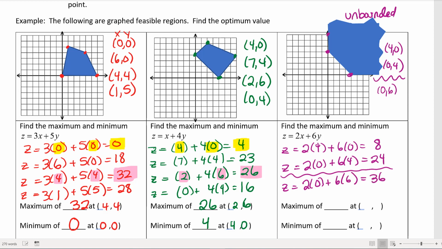That already is 36. This is already bigger. And it was just a random point that I picked, right? So what that tells me is that I'm not going to have a max, because I can keep picking points bigger and bigger and bigger. If we have a max or if we have a min, it would have been at either 8 or 24. So I can tell you right now we have no maximum.